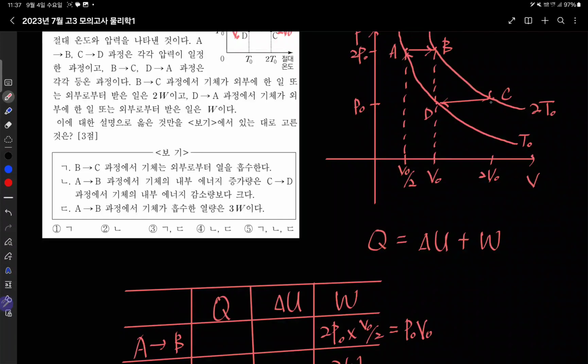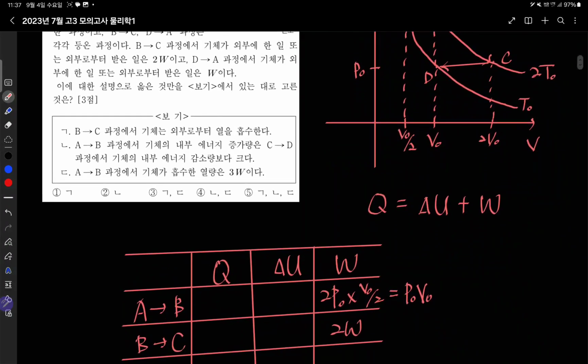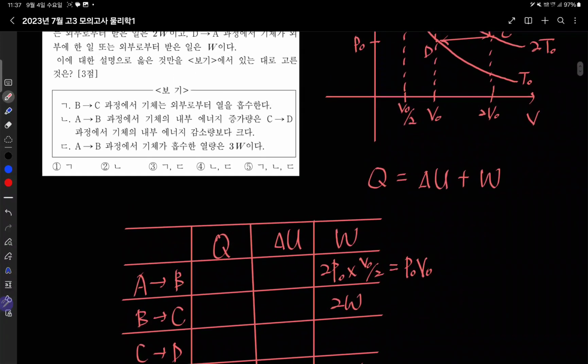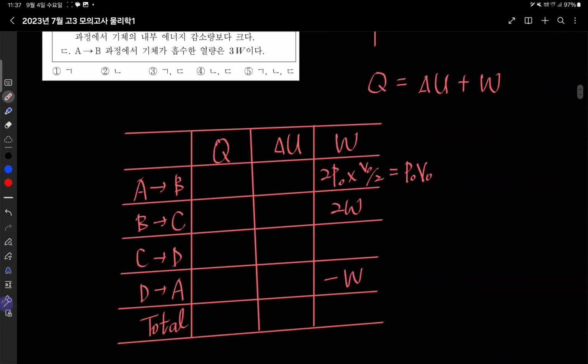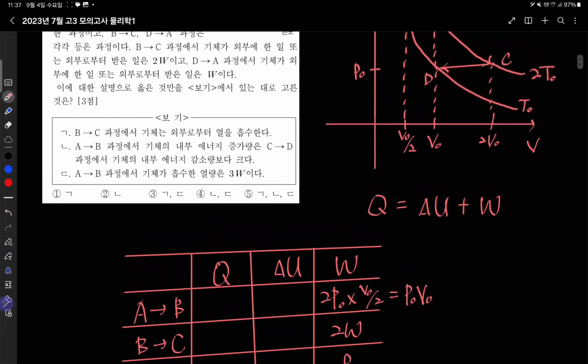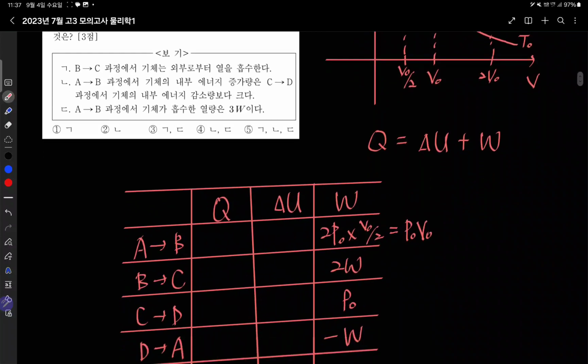And from C to D, if we calculate the area of this rectangle, the height of the rectangle is P0 and the width of the rectangle is V0.